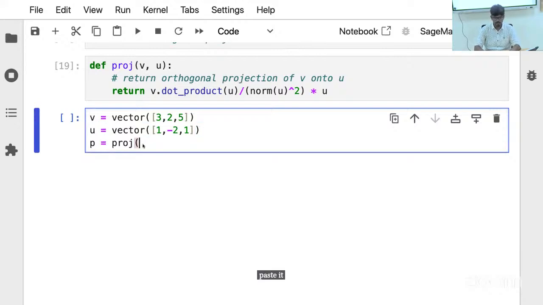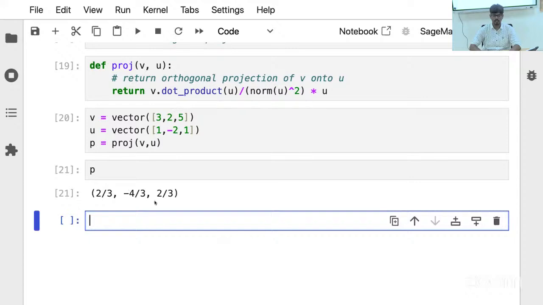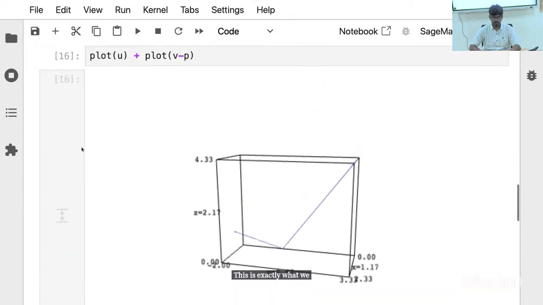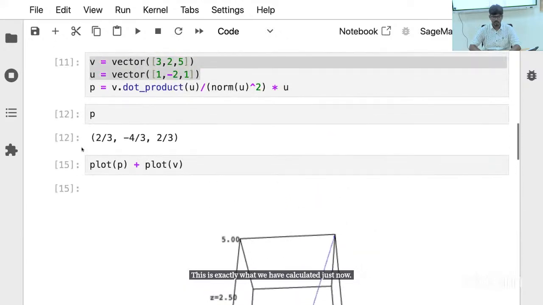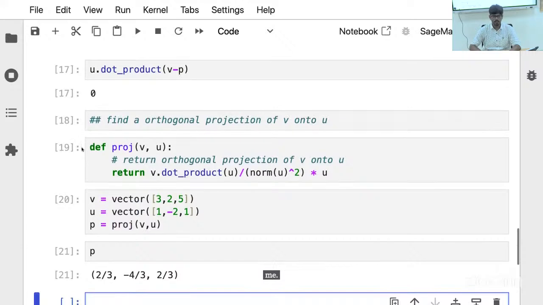Now I want a projection of V on U. I print P, then I get the P. This is exactly what we have calculated just now. The only thing that I have done right now is put it as a function.